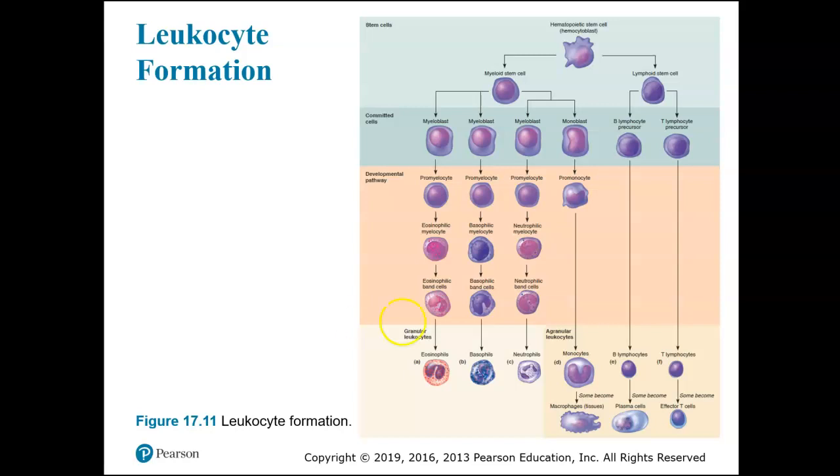Now, you don't have to memorize this entire page or this entire picture, but I do want you to see the top three stem cells. First of all, the stem cell that gives rise to all the formed elements of the blood is called a hemocytoblast. That hemocytoblast differentiates into the myeloid stem cell and the lymphoid stem cell.